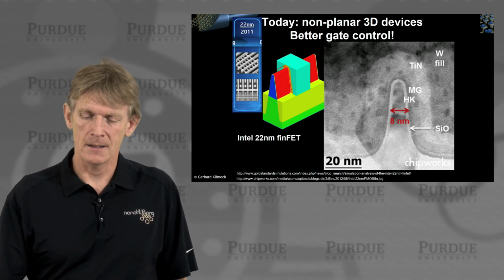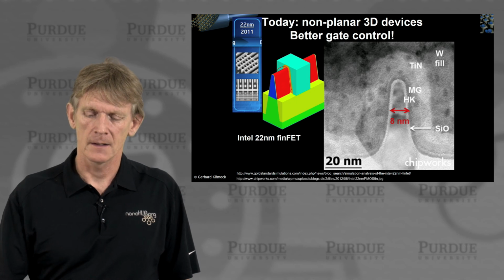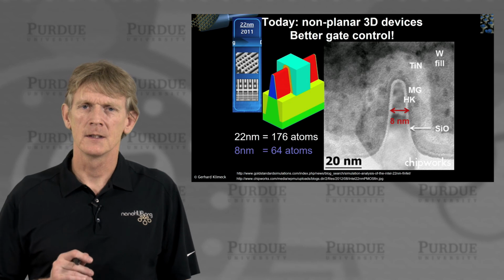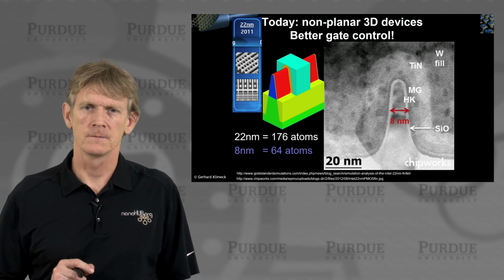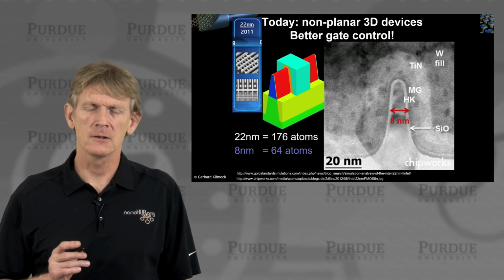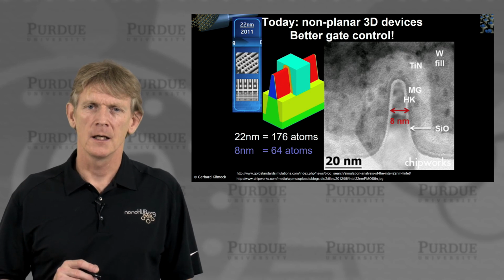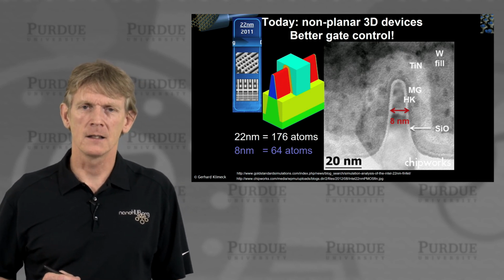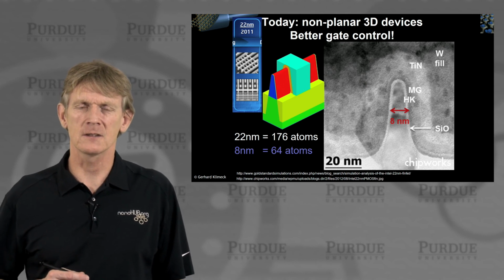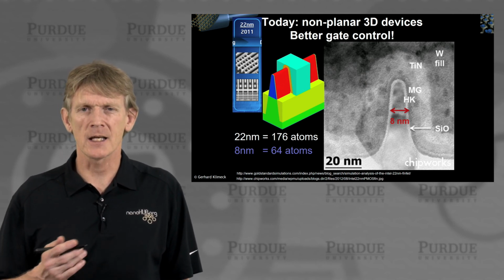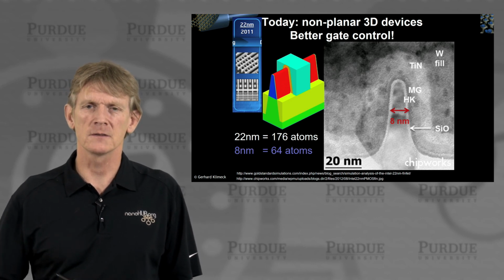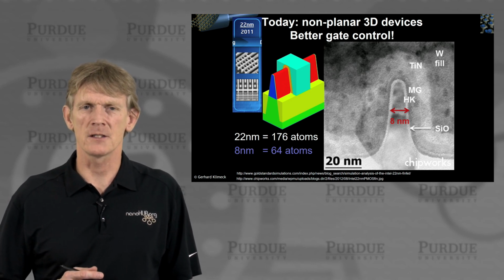Let me translate that for you: that's 64 atoms. That's very, very few atoms. And nominally, if you translate 22 nanometers in length in silicon, you get 176 atoms. The actual gate is larger, but I'd like to make the point that those atom counts are very finite.